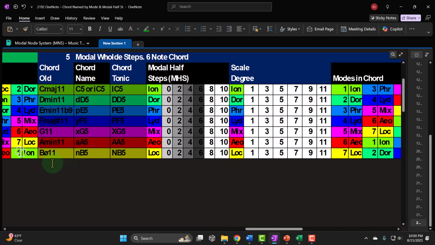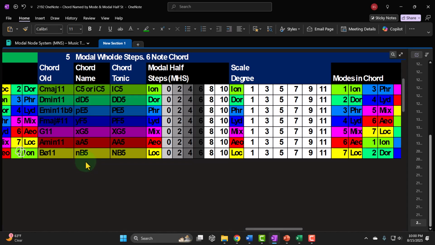Adding another one, B half diminished 11, which is another lower shade of yellow. I would rather call it a Locrian B5 or just a Locrian 5 modal whole steps, or a 6-note Locrian. The 5 represents 5 modal whole steps from the root node.